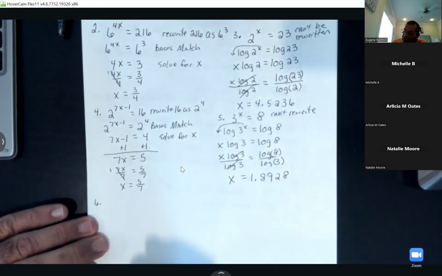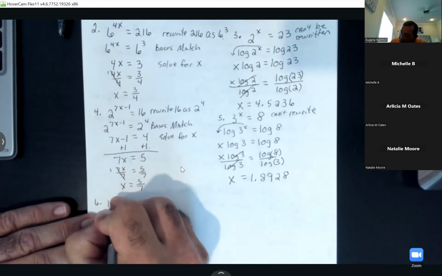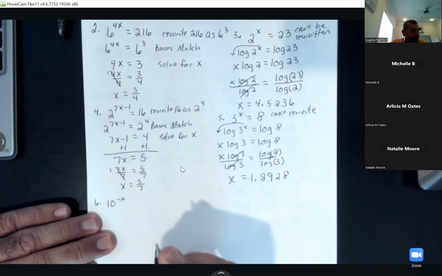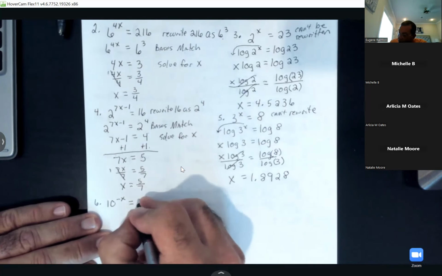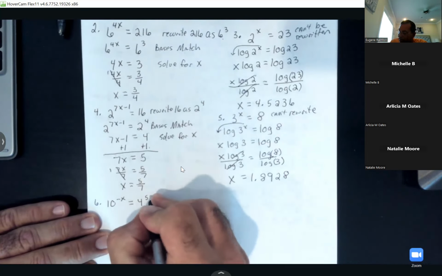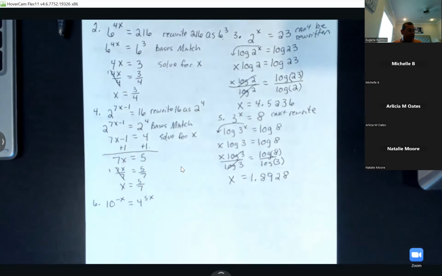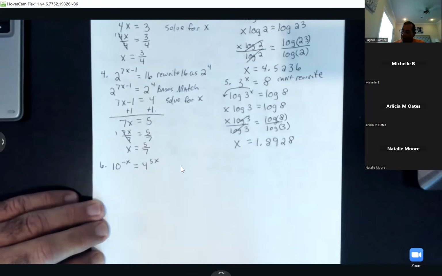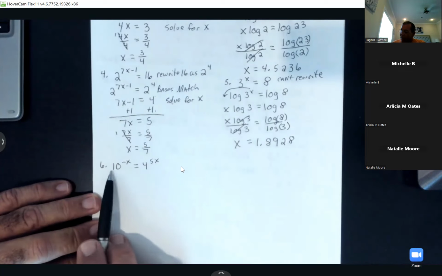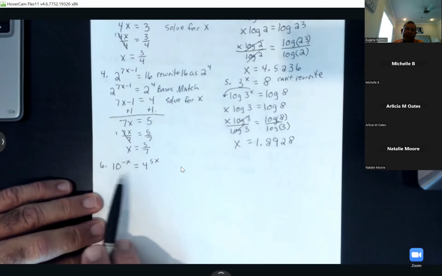All right, number 6. 10 to the negative x equals 4 to the 5x. So no way I can rewrite a 10 and a 4 using the same base, because 10 squared is 100 already.